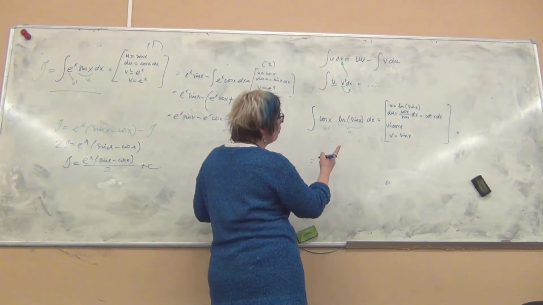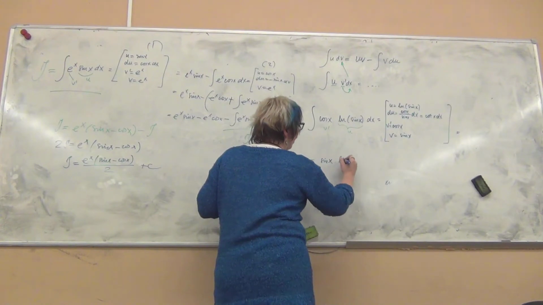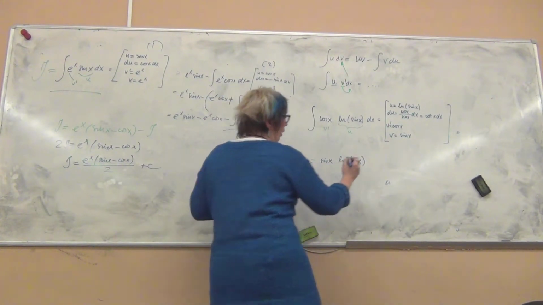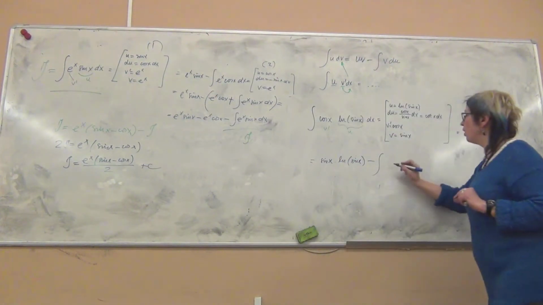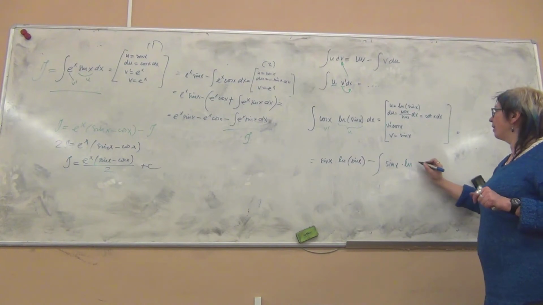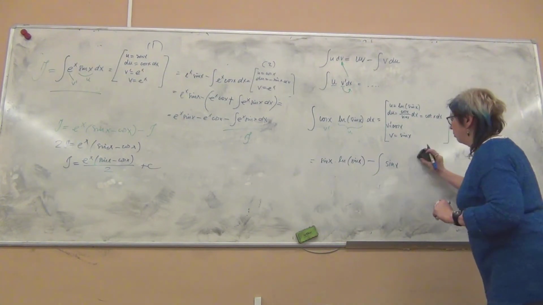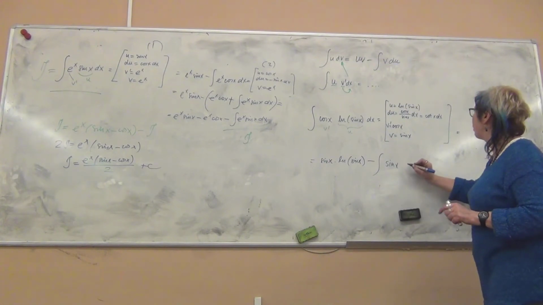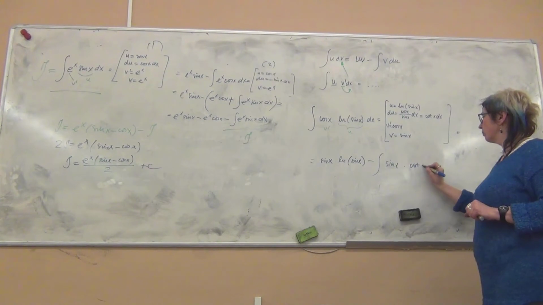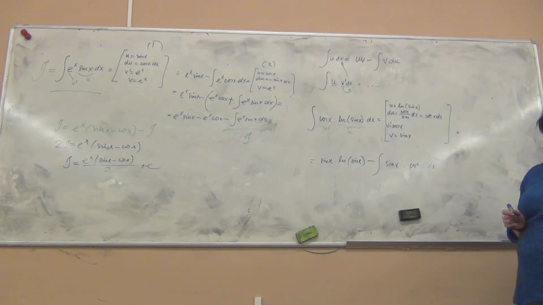So now uv, so it's sine x times ln of sine x minus integral of du, sine x times cotangent dx. That's actually more simple than I thought. Sine times cotangent actually is simply cosine.